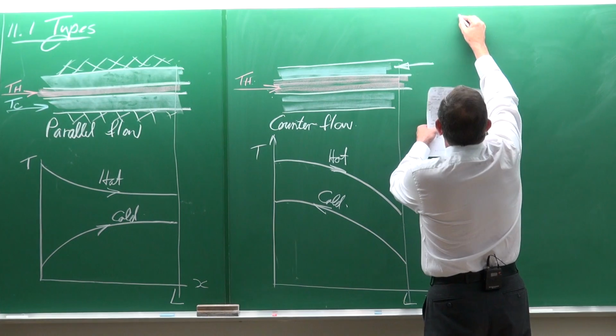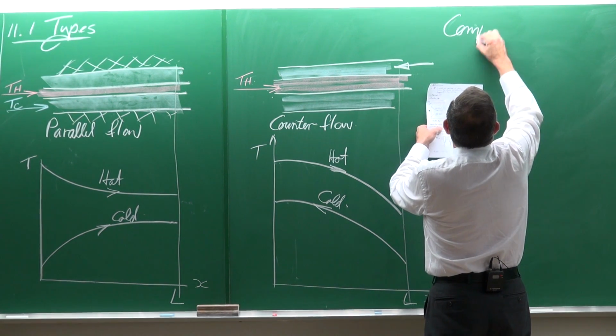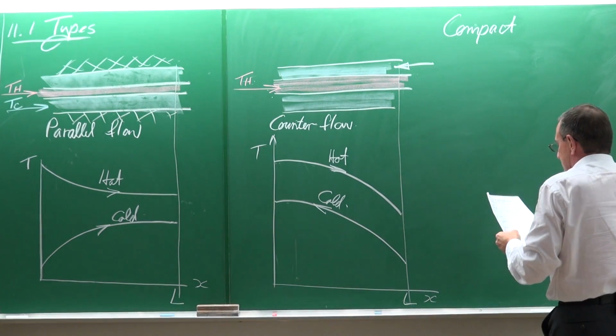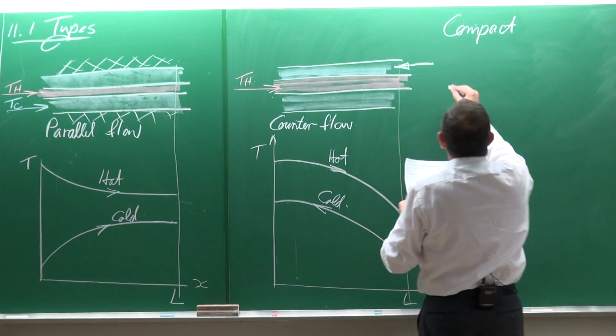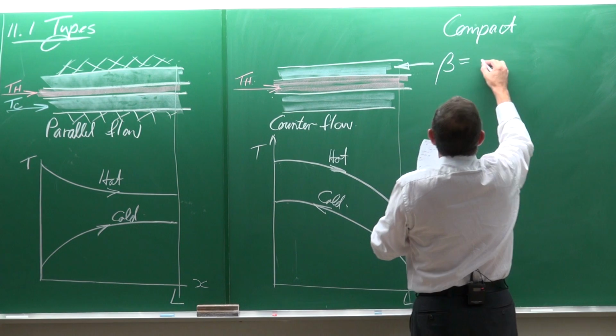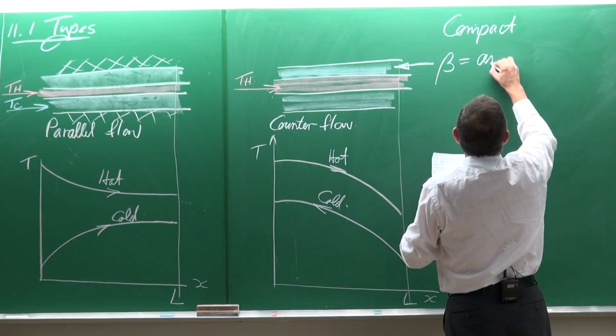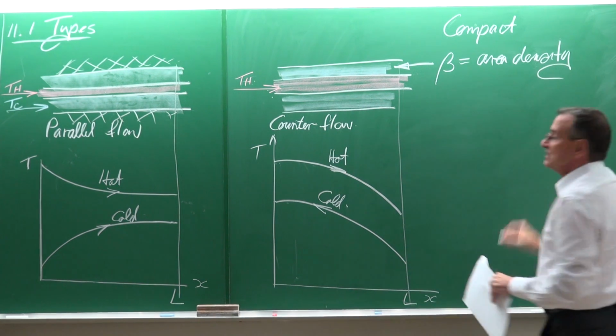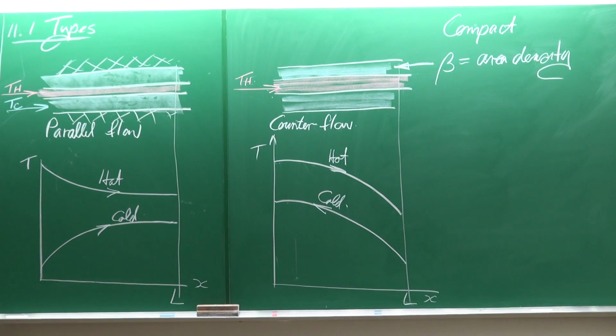Now, heat exchangers are also defined in terms of a so-called compactness factor, which is called beta, which is the area density. Now, not all heat exchangers use this definition.